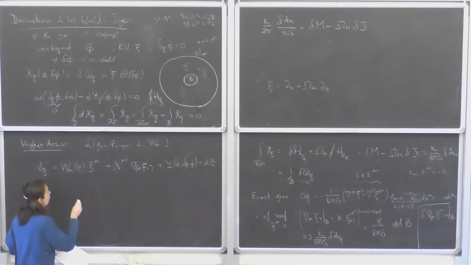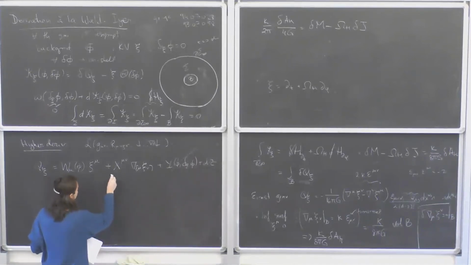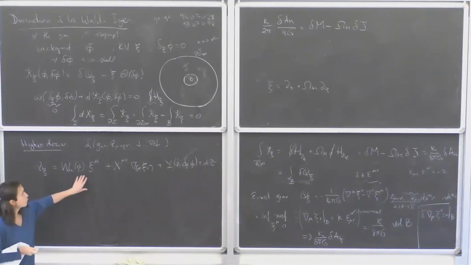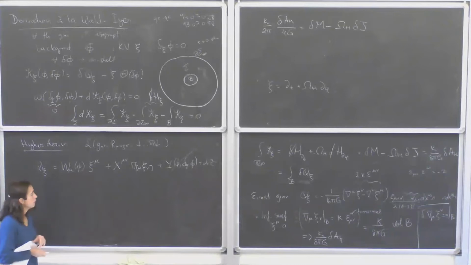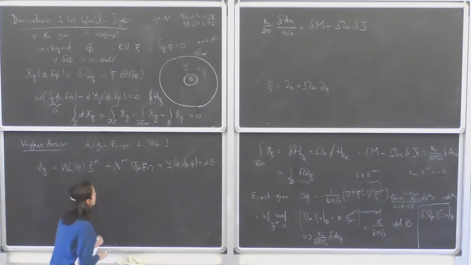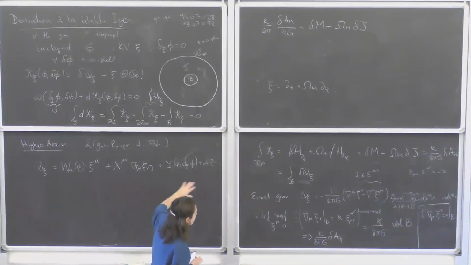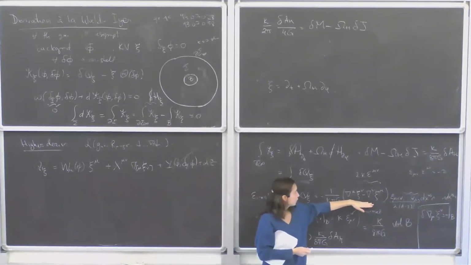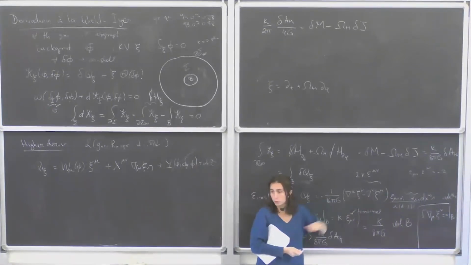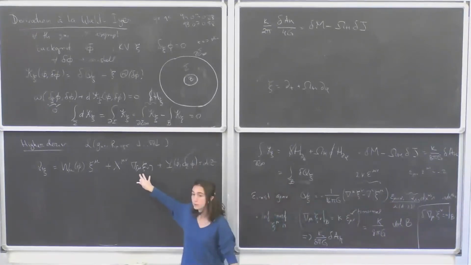The important point is that you see this term you don't really care about because it's 0 on the bifurcation surface. So basically the only term that you care about is this. We've just computed the X mu nu in Einstein gravity. It was indeed proportional to the antisymmetrized covariant derivative of xi nu.